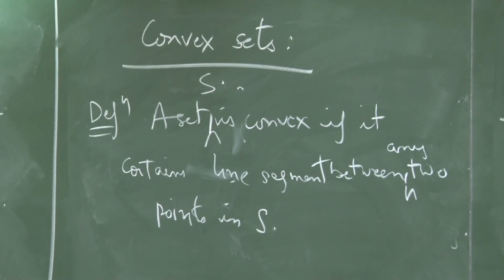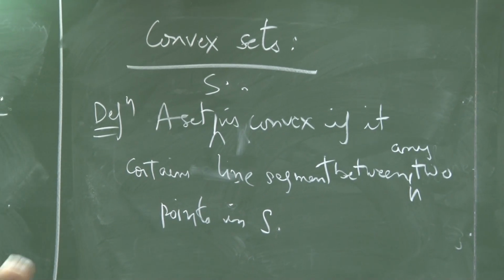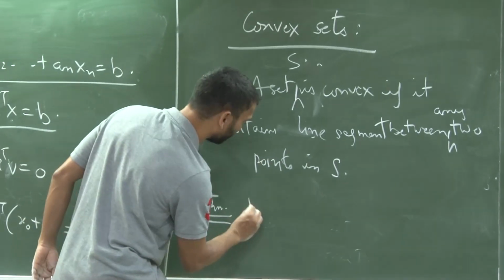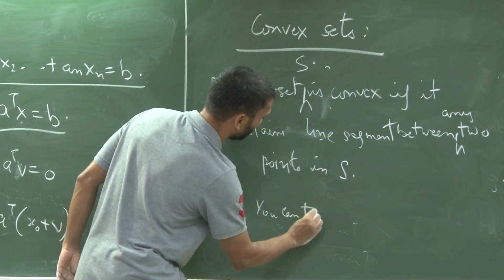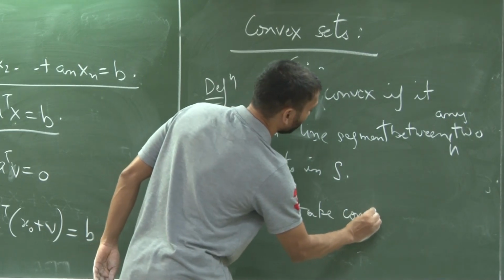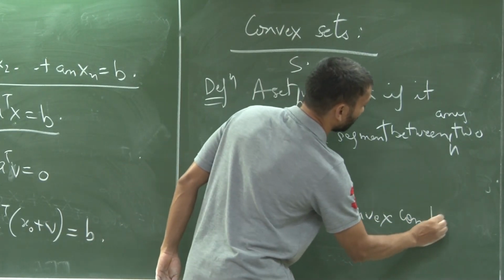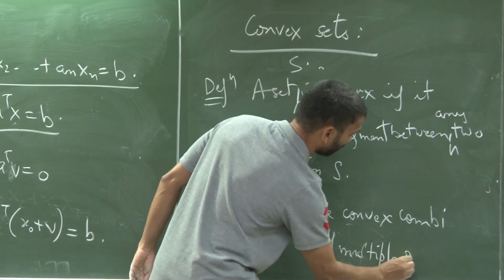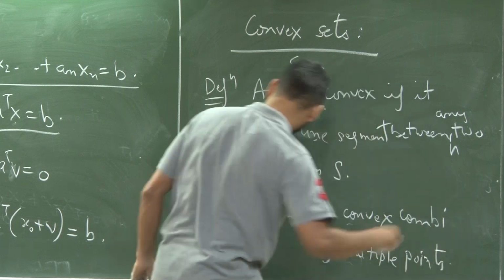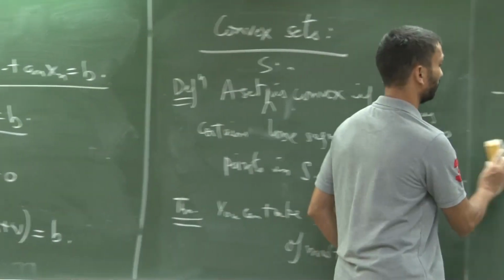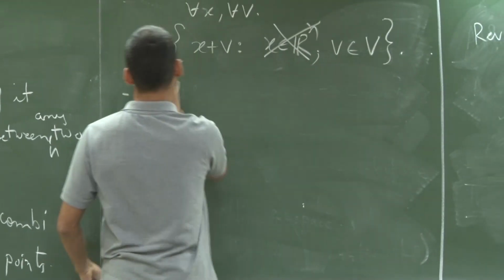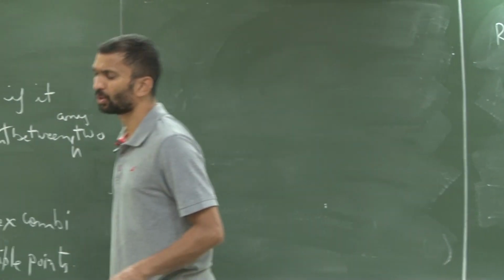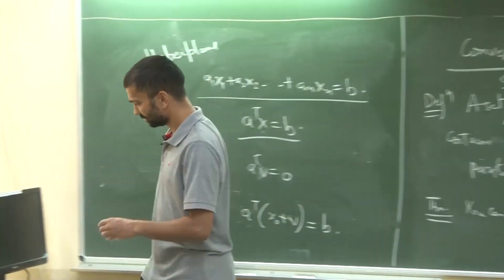Okay, natural, the way we did the affine, right? And no prize for guessing. Theorem: you can take a convex combination of multiple points also. I won't go through it because that's basically an exercise in induction.